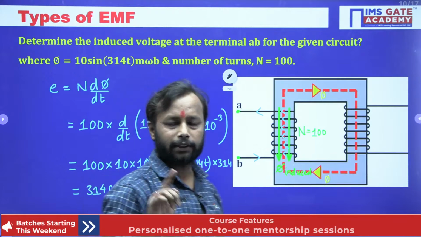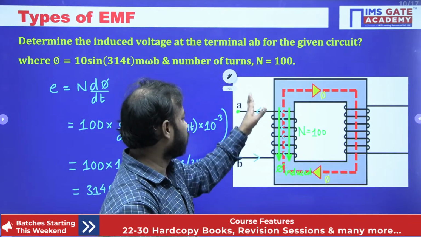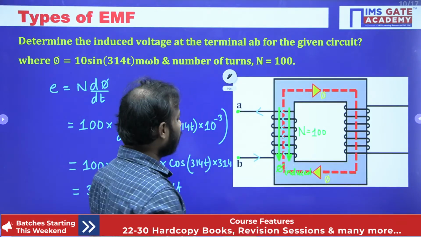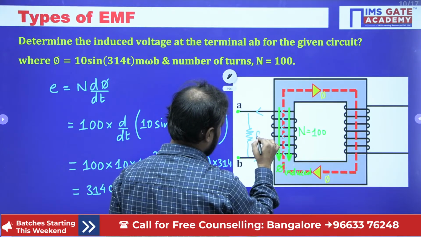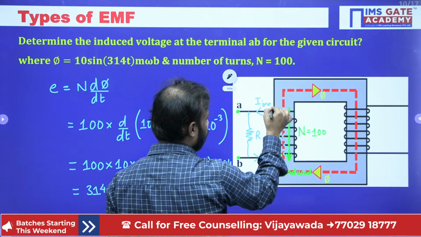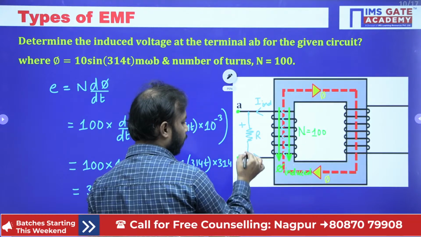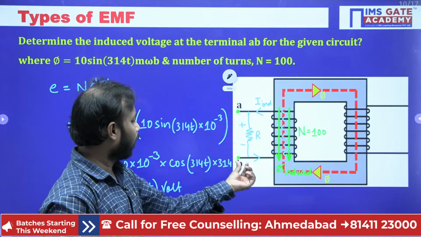In the yesterday class, I told you how you are going to determine whether A is positive or negative. Just connect the fictitious resistance here at the terminal AB, fictitious resistance like this, R. So this induced current will enter into the R. So this makes this point as plus and this point as minus. So A is positive and B is negative.